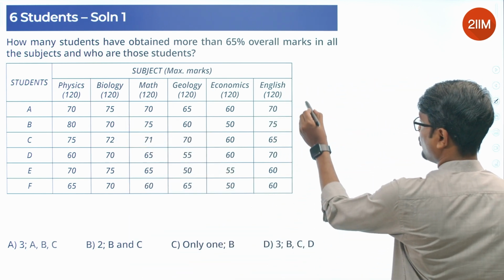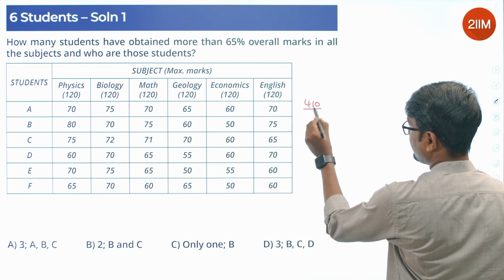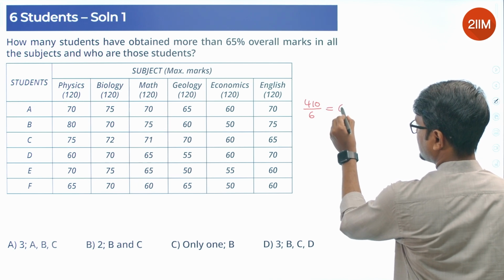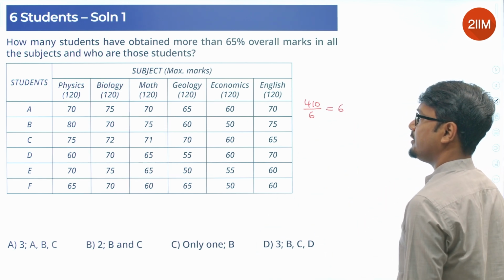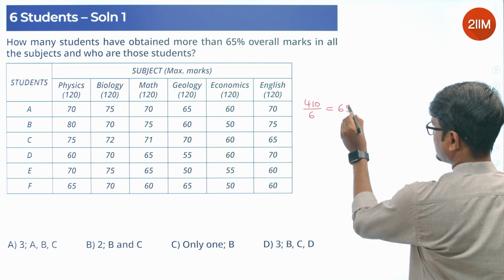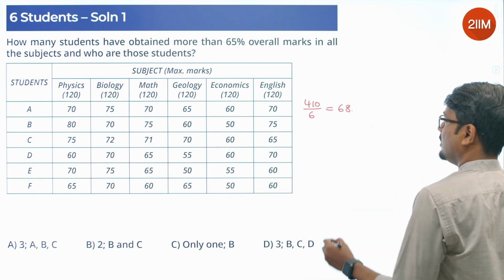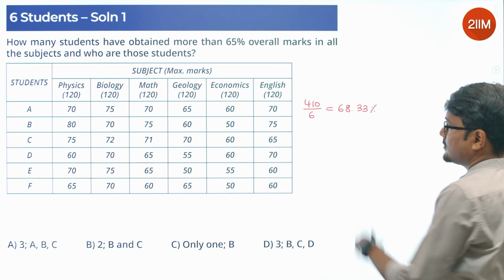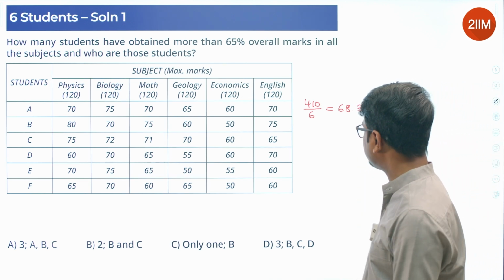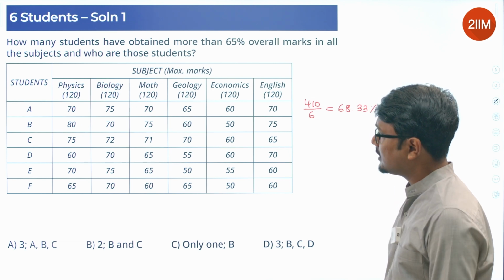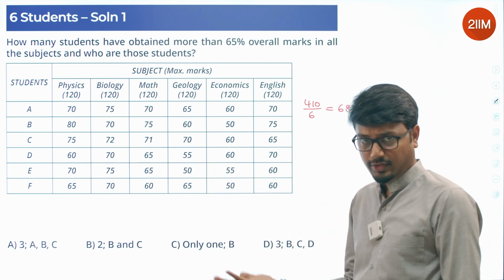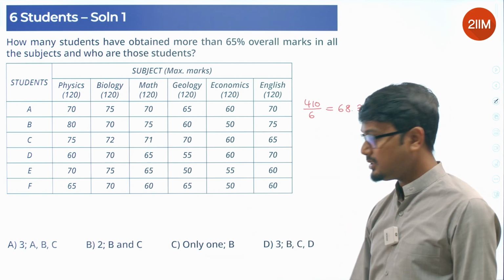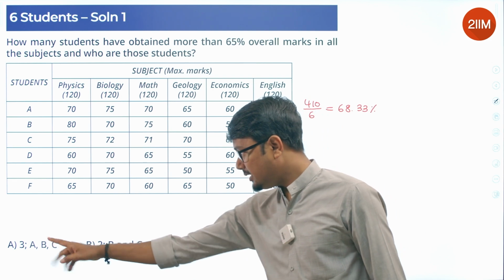So we should be having 410 here. 410 divided by 6 subjects: 6 times 8 is 48, remaining 20, so approximately 68.33%. Then we eventually found the answer here. A has got more than 65 percentage.